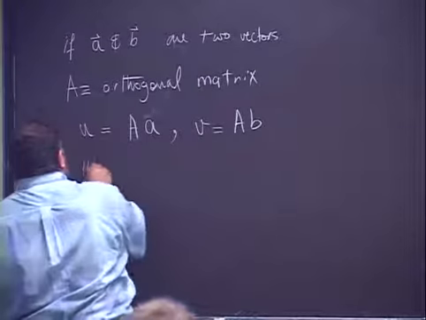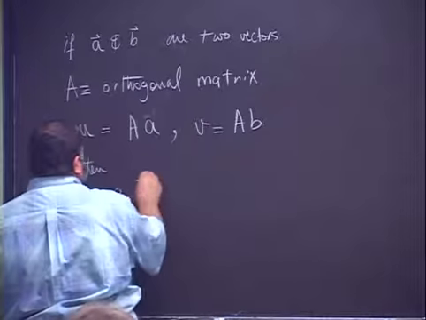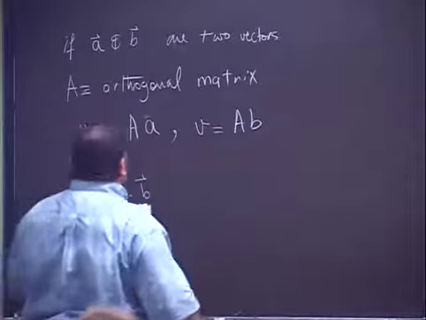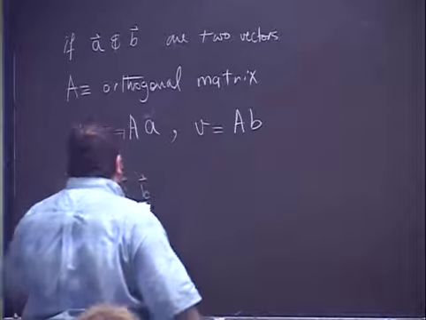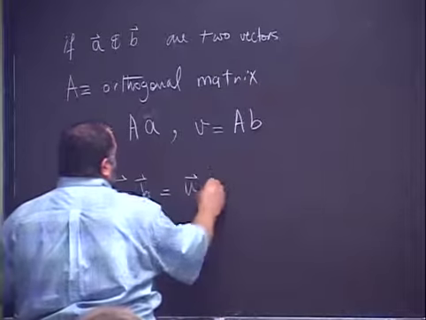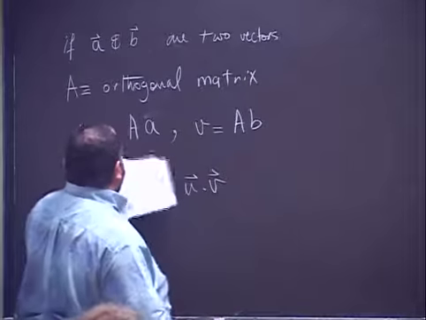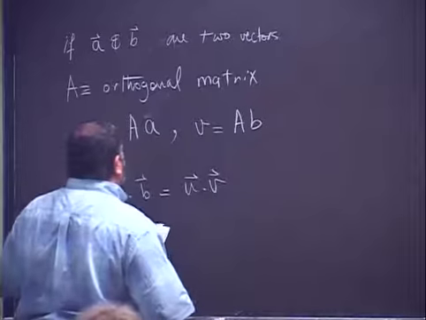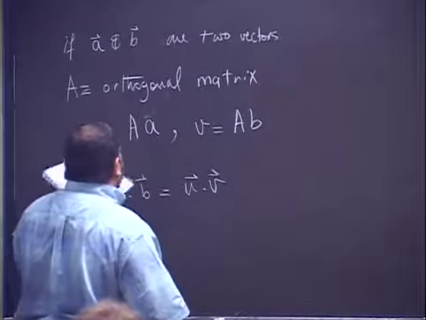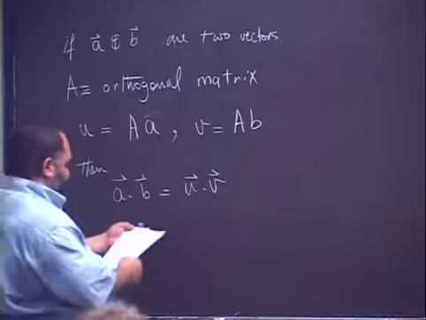Then a dot b, the dot product of the two vectors, will be just u dot v. So u and v are also vectors here in the linear vector space.